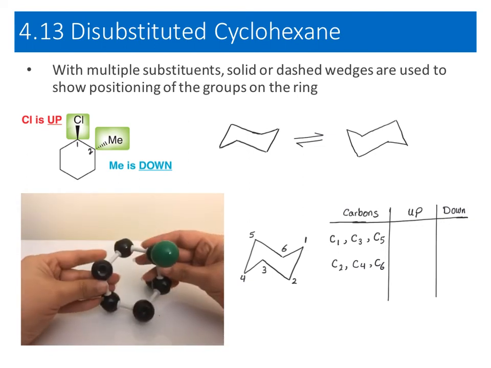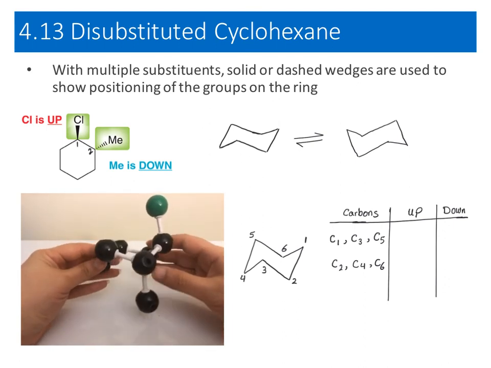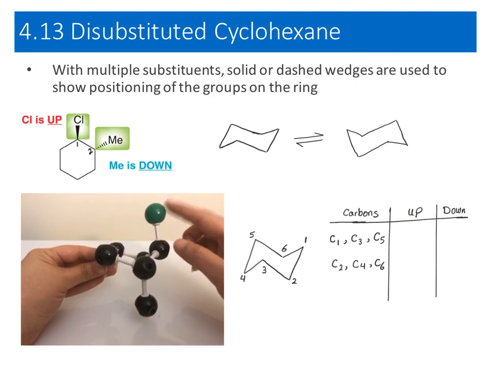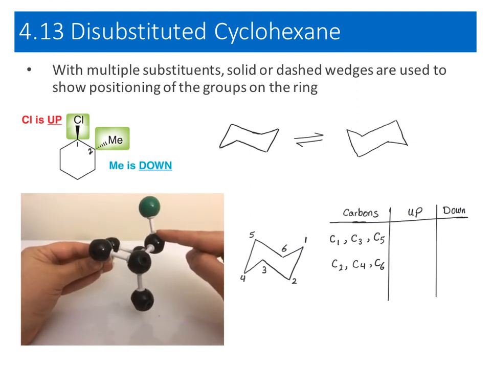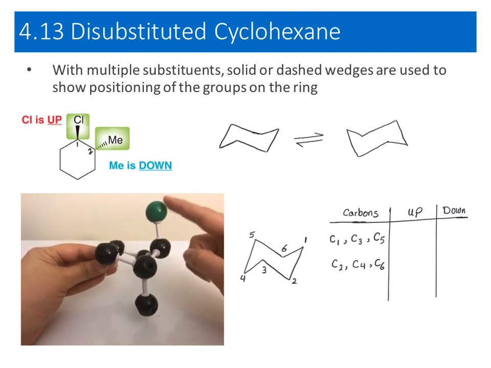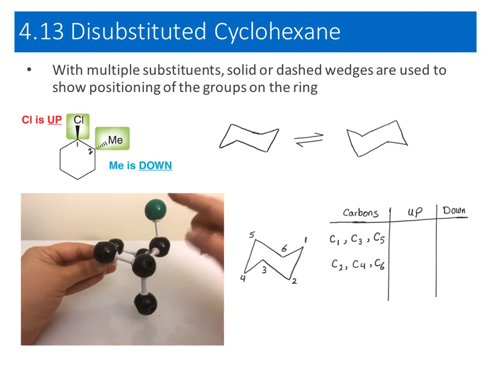Okay, this is the cyclohexane and this is the chair conformation. So this is the chlorine and this one is methyl. Chlorine is in wedge, so it means that it is basically up from the plane of the ring.